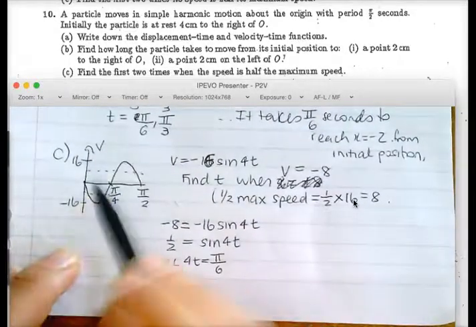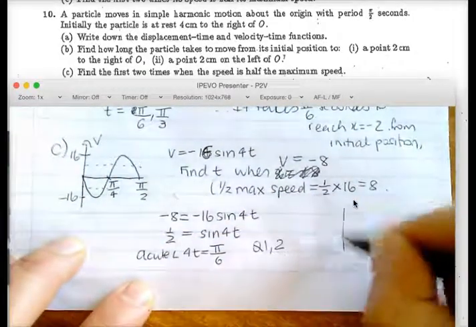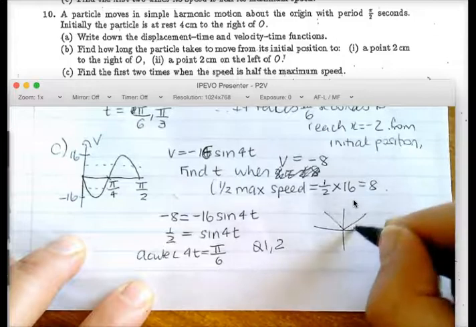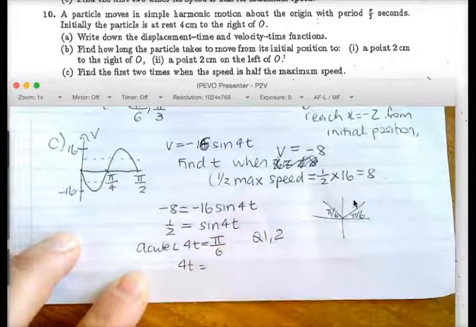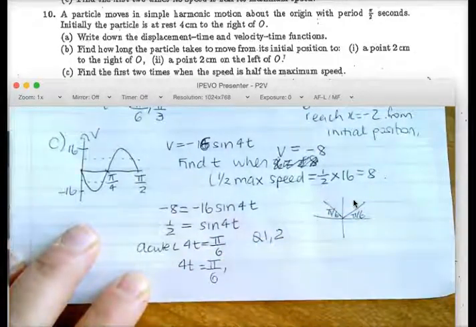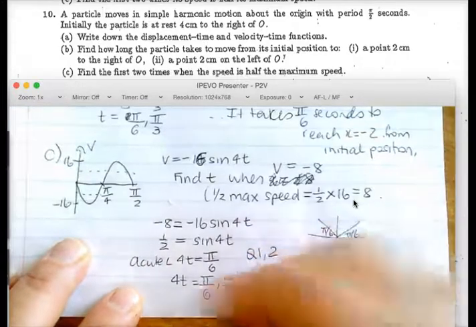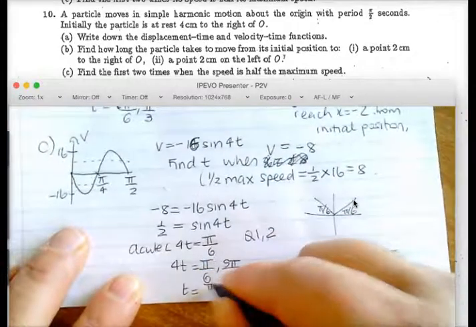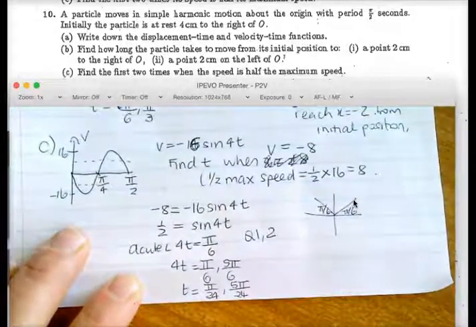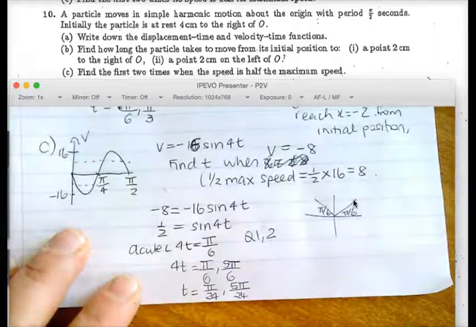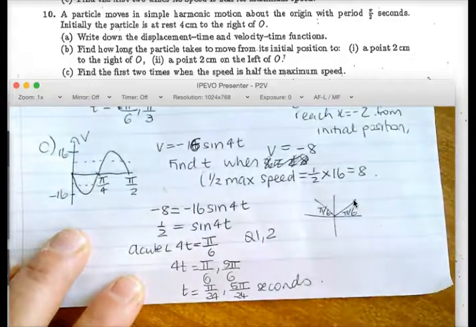I want quadrants 1 and 2. So therefore, if I draw my little quadrant 1 and 2, pi on 6, pi on 6, I've got that 4t is pi on 6 and 5 pi on 6. Therefore, t is pi on 24 and 5 pi on 24 seconds. They are both less than pi on 4. Can we just put seconds after that? Do we have to do it separately? No, that's fine.